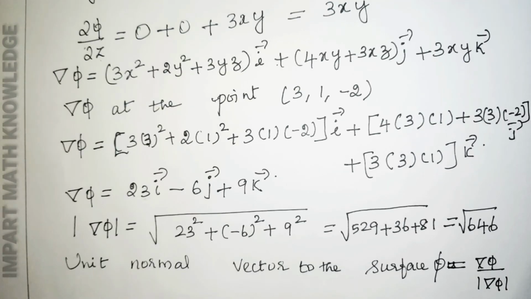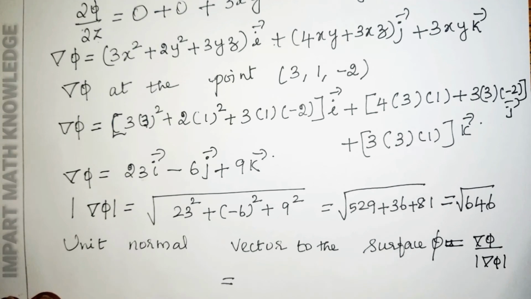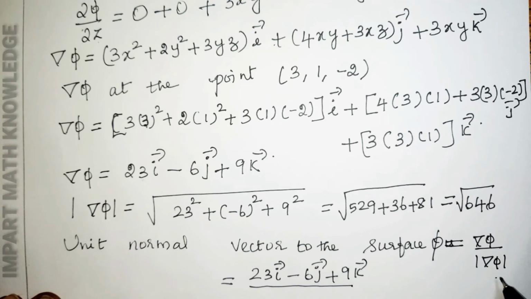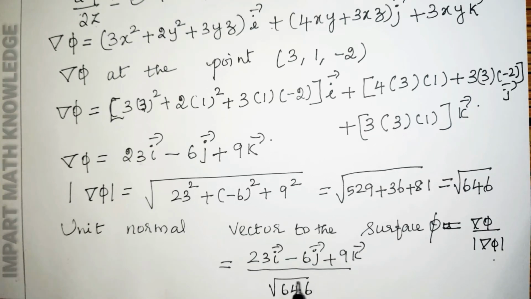Unit normal vector to the surface phi is del phi divided by modulus of del phi. Del phi is 23i vector minus 6j vector plus 9k vector, divided by modulus of del phi, which is root 646. Unit normal vector is 23i vector minus 6j vector plus 9k vector divided by root 646.